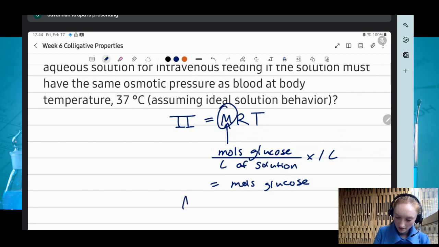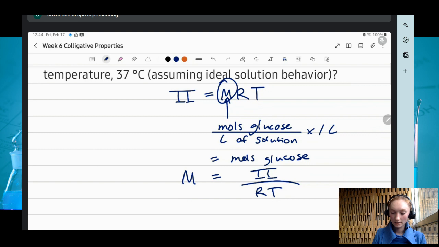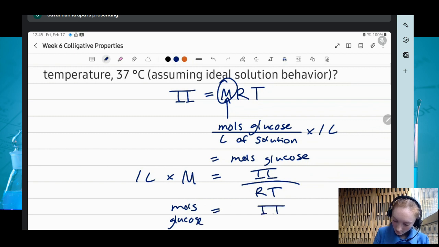So we'll have M equals the osmotic pressure divided by RT. And like I said, if you multiply it by the 1 liter, you will get the moles of glucose. So times 1 liter, we will get moles of glucose. And so writing it again, osmotic pressure divided by R and T.